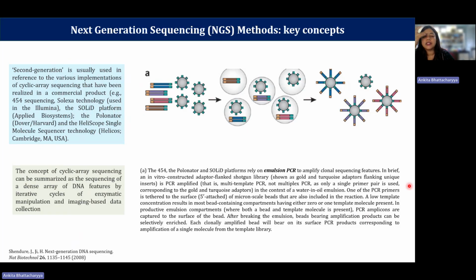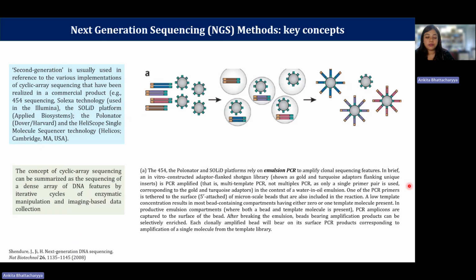And within that, because of the consolidated unit within which this reaction can take place, it's much faster. So a low template concentration, basically proper dilution, results in most bead containing compartments having either zero or one template molecule present.